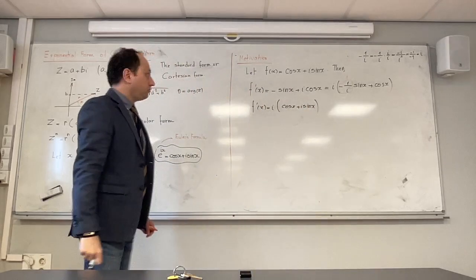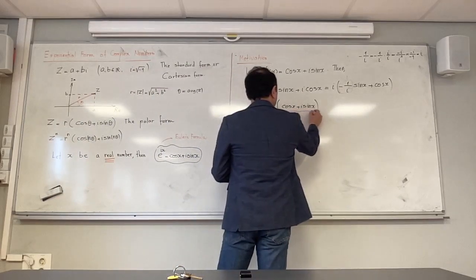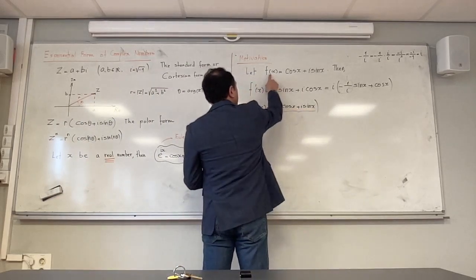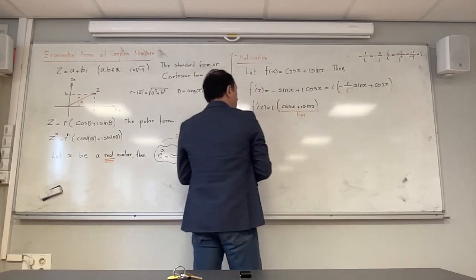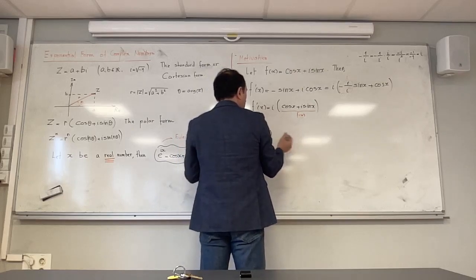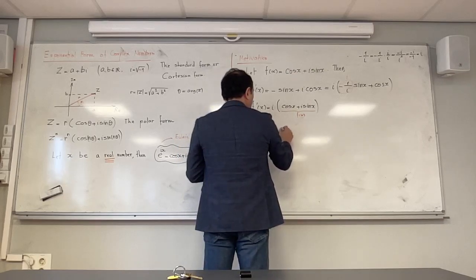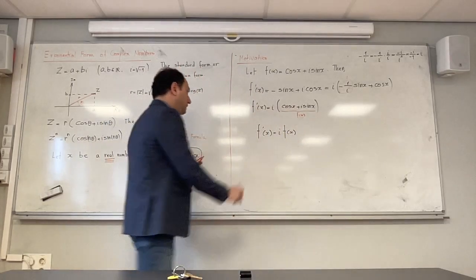Yes? But this is what again? The combination that appears here is exactly the same as f of x. So what happens now? Then it means that the derivative of this function, whatever this function is, is i times the function itself. Yes?